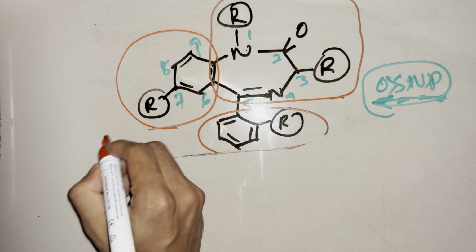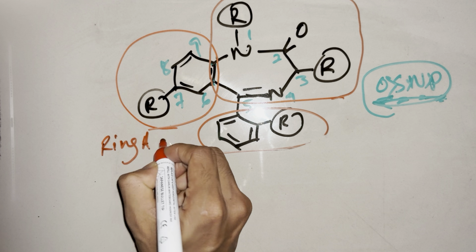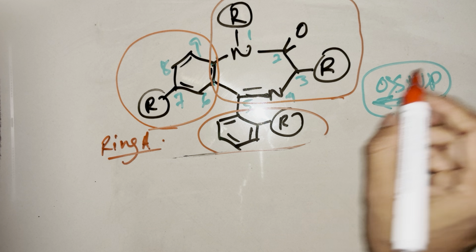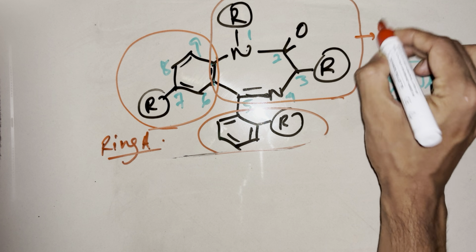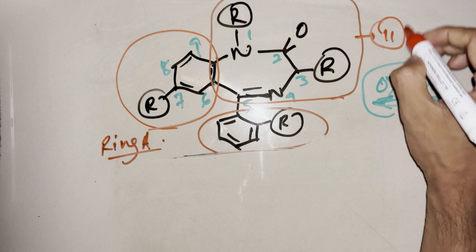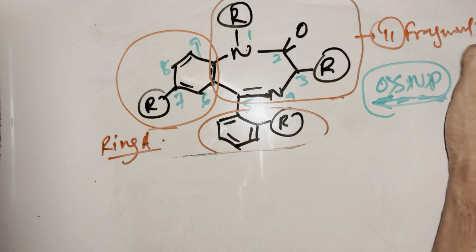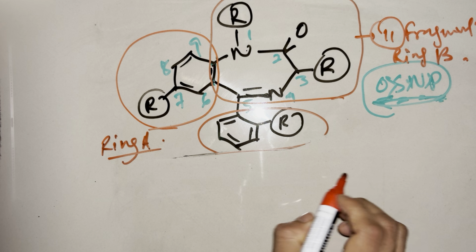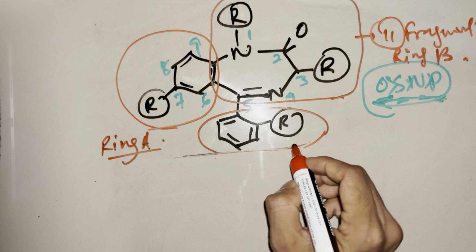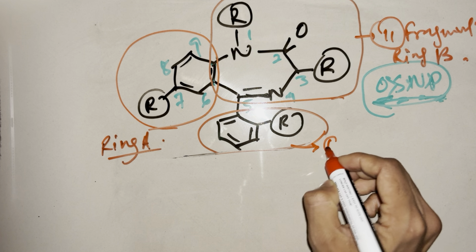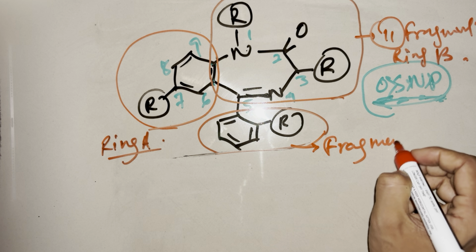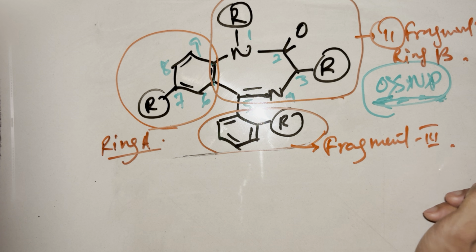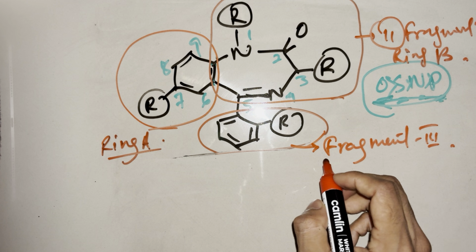So this is called ring A. Fragment 2 is called ring B. This is the third fragment, that is fragment 3, or you can say ring C.